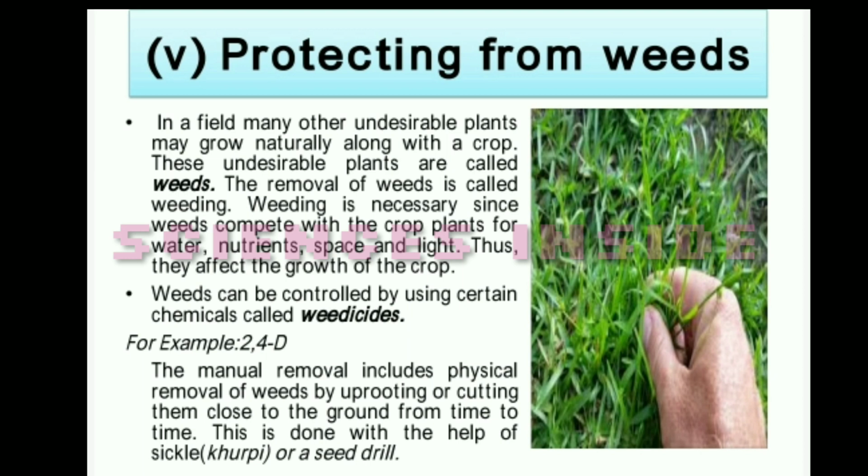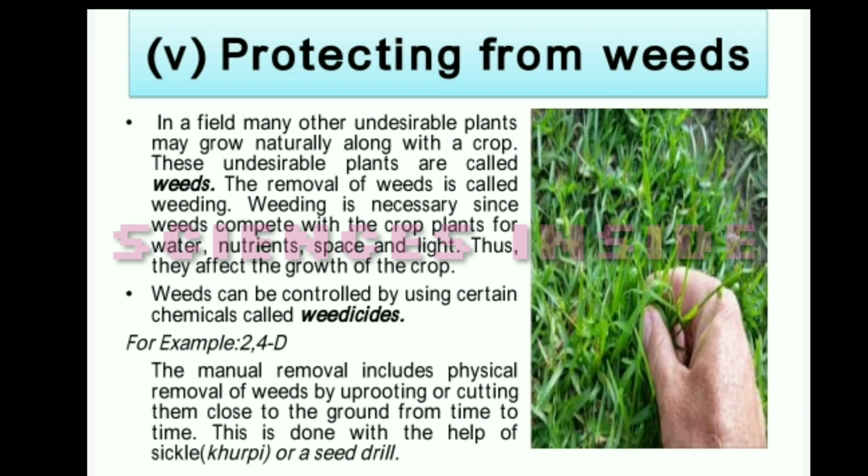A chemical substance used for controlling and destroying pests is called a pesticide. Pesticides can be of two types, insecticides and rodenticides. Insecticides are used for killing insects and rodenticides are used for killing rodents. BHC and DDT are examples of insecticides and warfarin and zinc phosphate are examples of rodenticides.